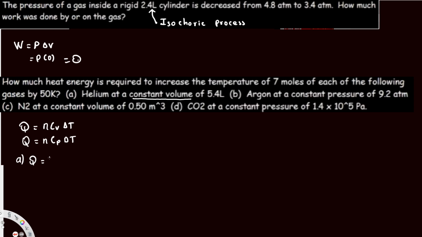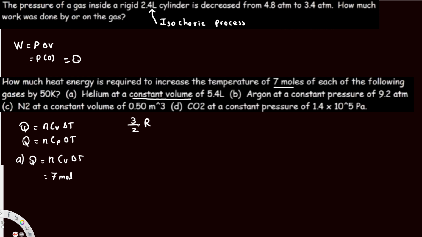Q = nCv ΔT, and we know the moles that are provided, 7 moles. So we can apply that right here, 7 moles. So what is the Cv value for this one? The Cv value is basically provided in the book. If it's not provided, you can find it using this formula. For a monoatomic gas, the Cv value is 3/2 multiplied by R, where R is 8.31.